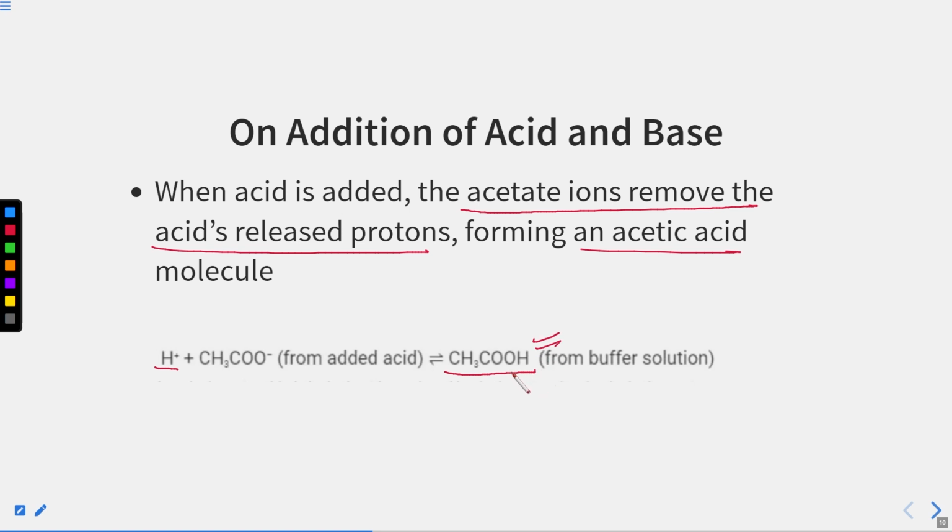So if an acid is added, the acetate ion removes the acid. How is it removing? Because it is an acid, it has hydrogen ion concentration. This hydrogen ion gets attached to CH3COO minus in the buffer, and it will remove the acid. So it will form CH3COOH, that is, an acetic acid molecule.